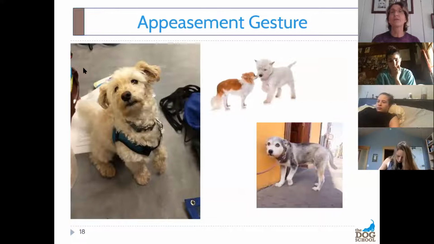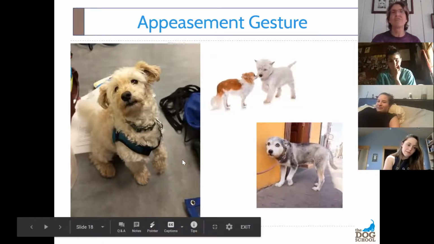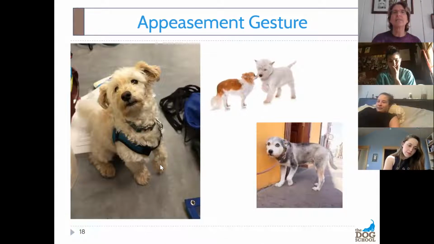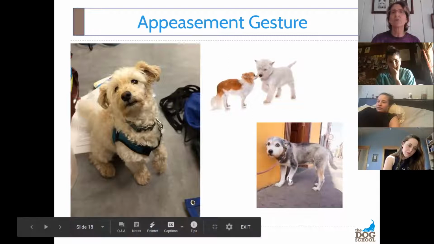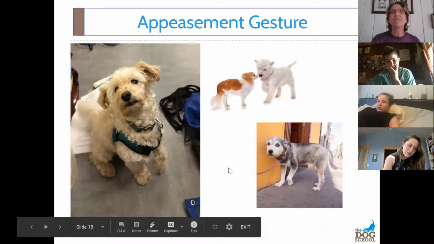We talked briefly about the appeasement gesture with the paw. I added this slide, and so we've got a couple different situations. This is Seamus, and this is at UVM, because you can tell by the floor. You can see three different examples of the paw, and they can vary in between.